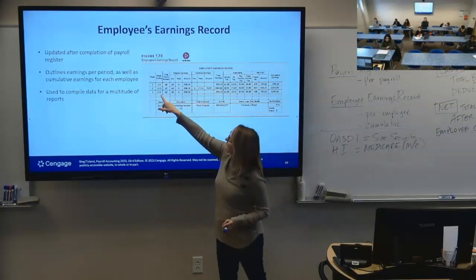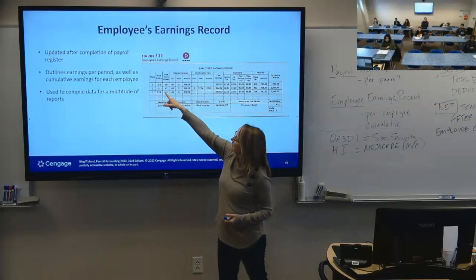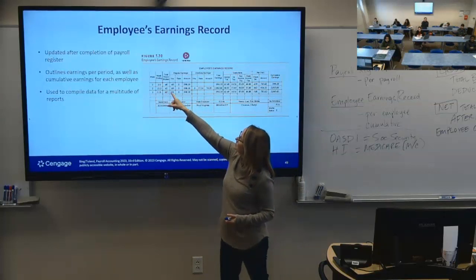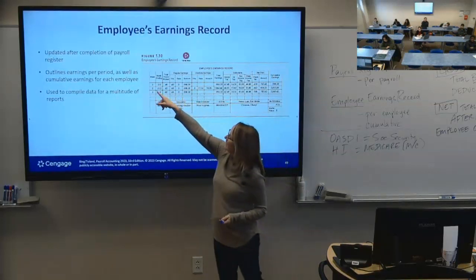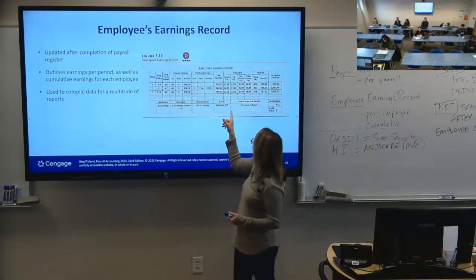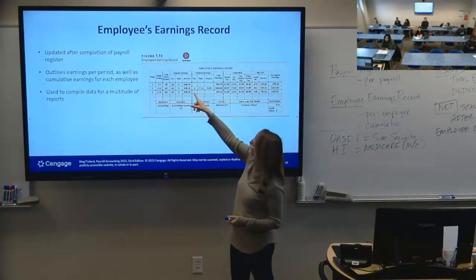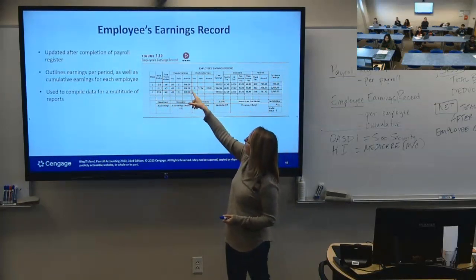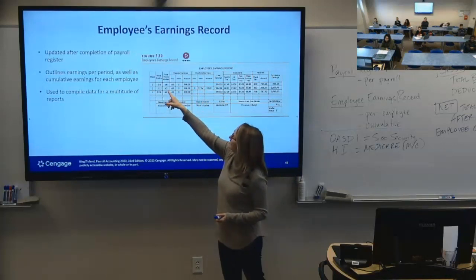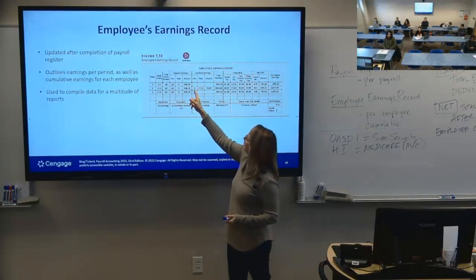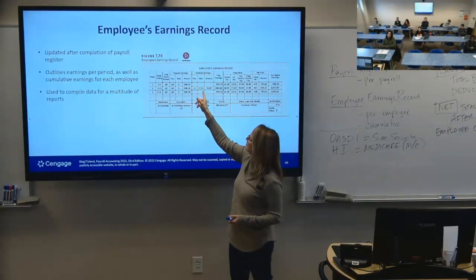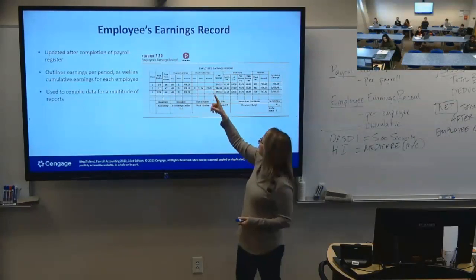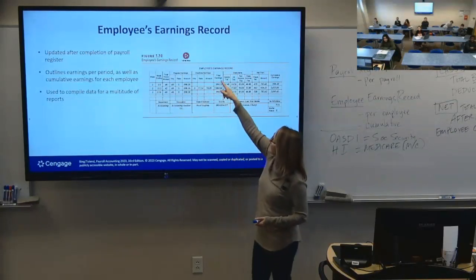So all of this was transferred over from that payroll register for each pay period, but only for this one employee. Again, same calculations though. So we know the number of hours worked, the regular earnings, overtime earnings, and then there's our rate, and we would add together the regular earnings plus the overtime earnings for each of those payrolls.